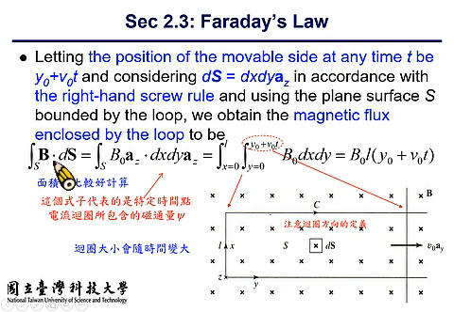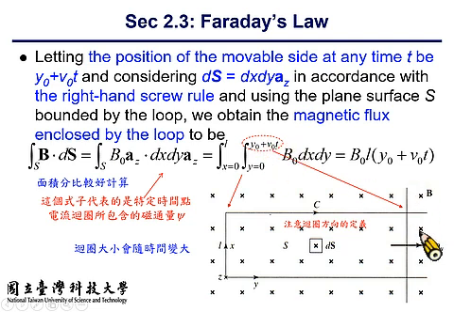The surface area can be decomposed into two line integrals: one from x equals 0 to L, and the other from y equals 0 at the left end to the right end, which is marked as y sub 0 plus v sub 0 t.